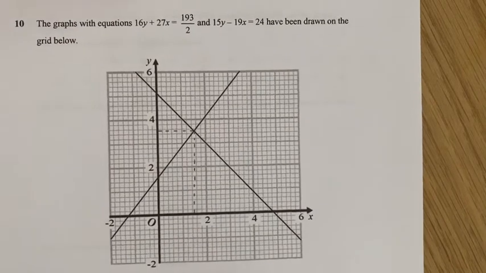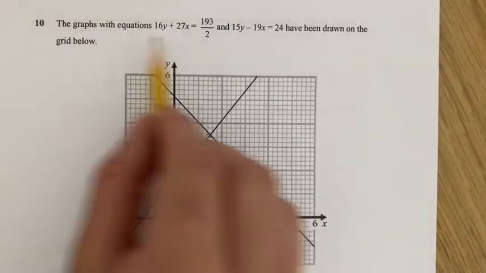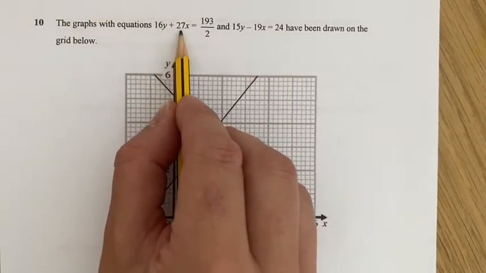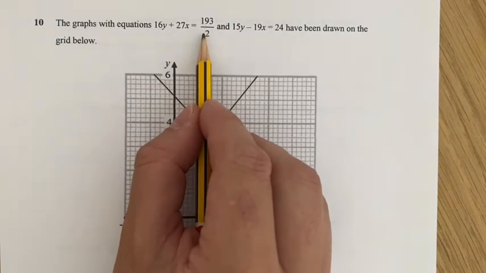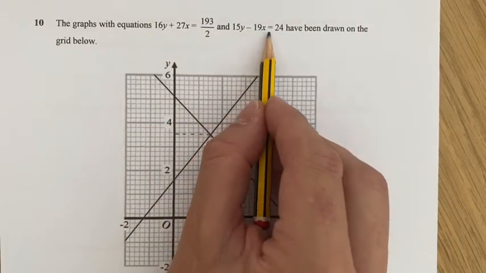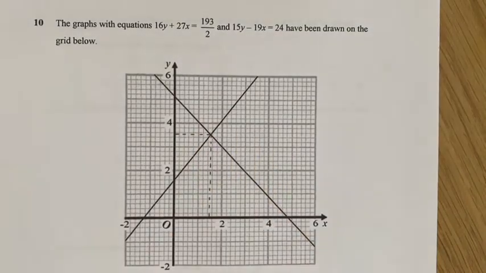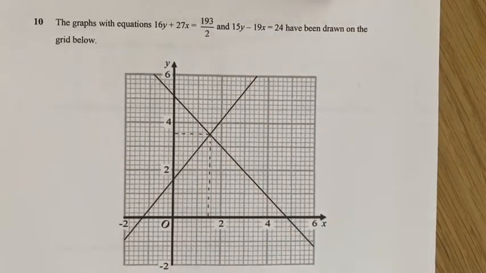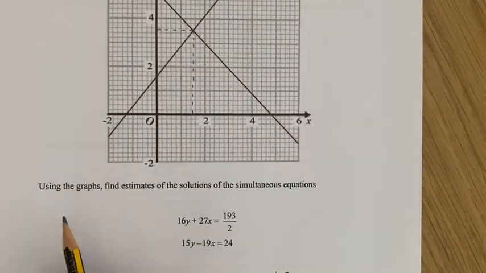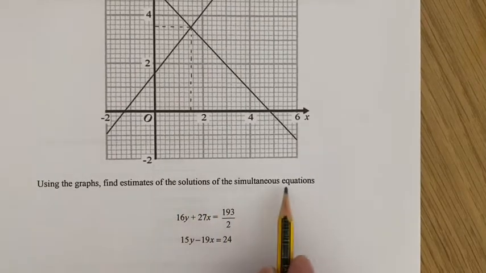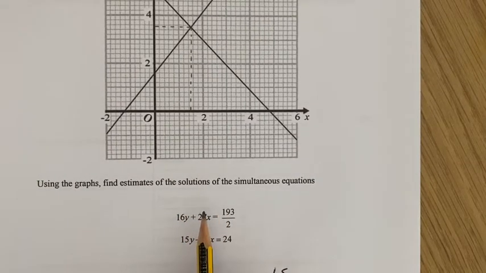Question number 10. So we've got graphs with those equations 16y plus 27x equals 193 over 2, and 15y take 19x is 24, drawn on the graph, the two straight lines. It says, use the graphs to find estimates of the solutions to these simultaneous equations. Well, to solve simultaneous equations graphically, all you are looking for are the points of intersection of the graph.